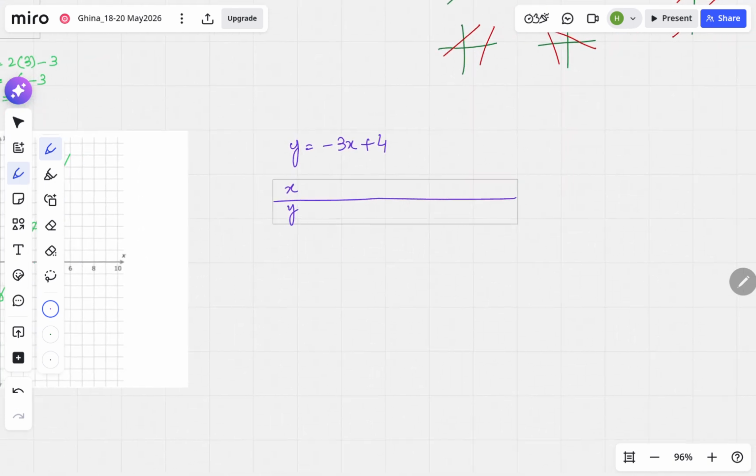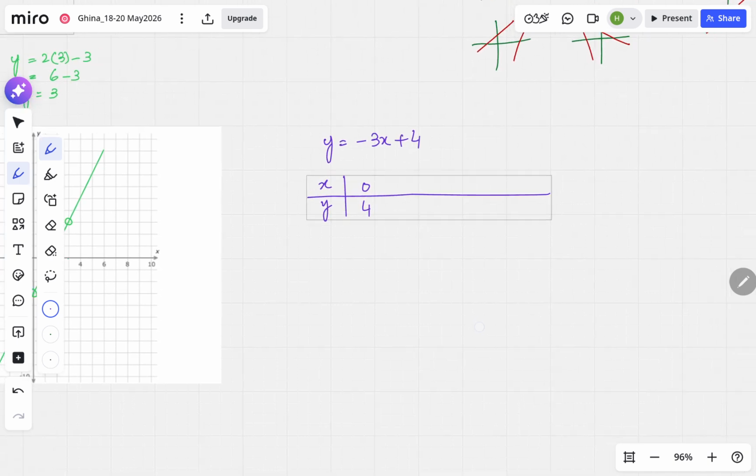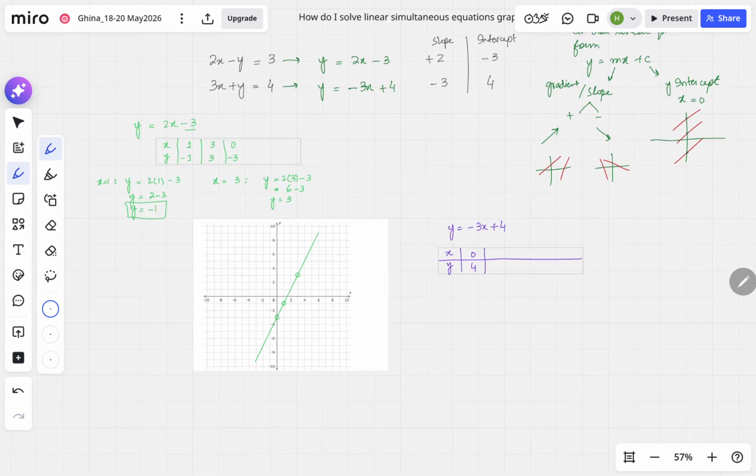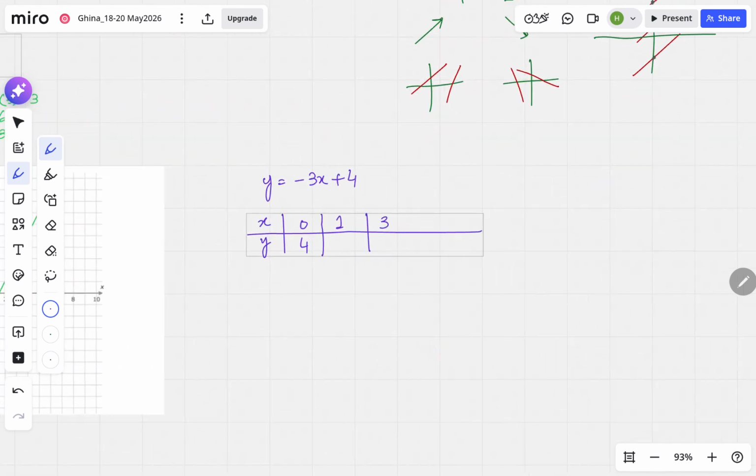Okay, so we know that for the value of x equals 0, our y-intercept is 4. So we know this point. All right, so let's take the other points as we have taken for the previous equation. You can take any point. Let's take 1 and 3. When x equals 1, y will be minus 3 times 1 plus 4, which is minus 3 plus 4, and gives me 1.